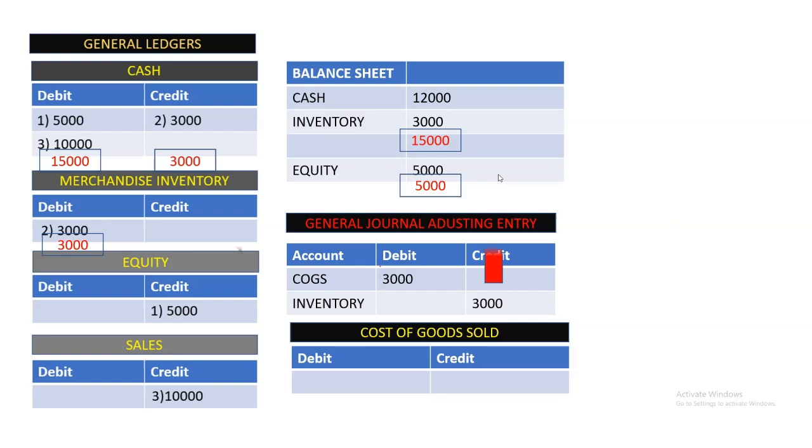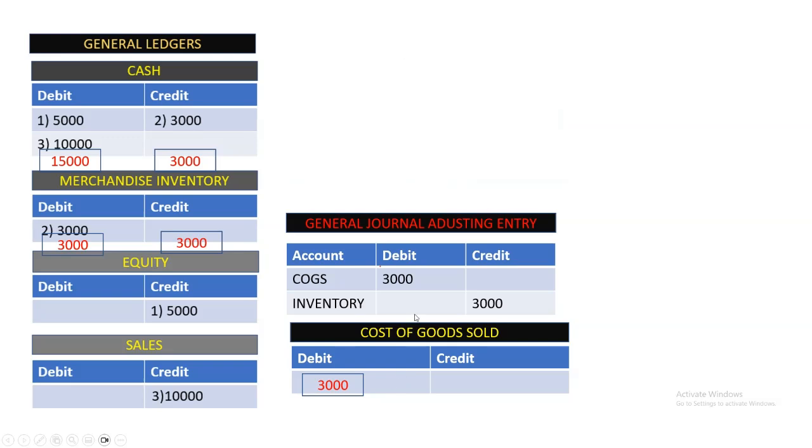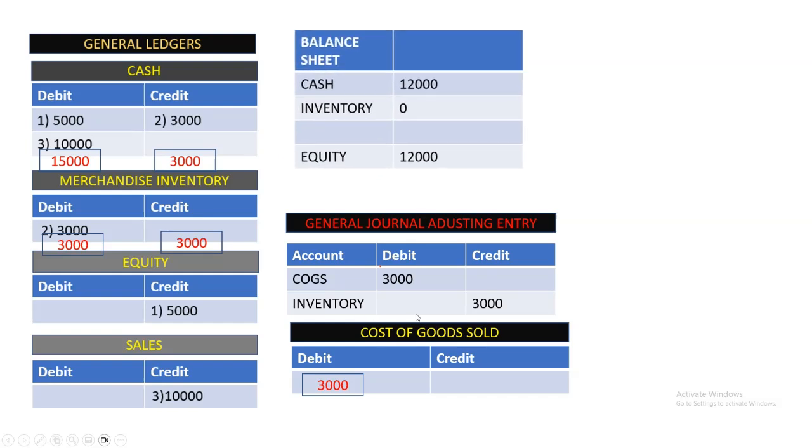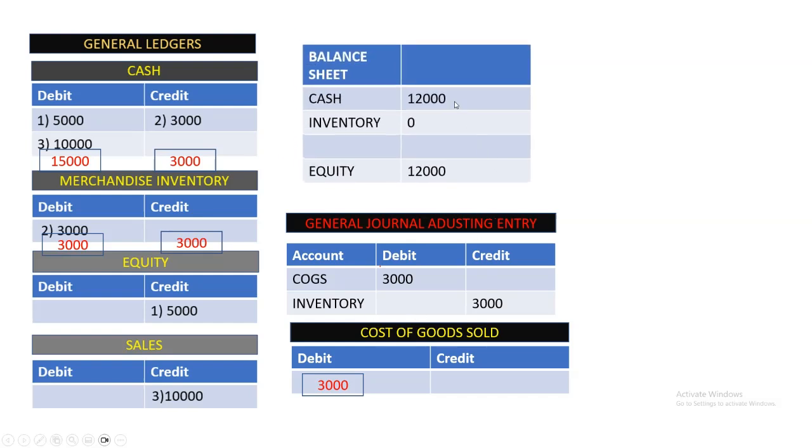So that is why we posted the 3,000 cost of goods sold, and so this is our balance sheet now. We invested 5,000 and we sold it for 10,000, right?